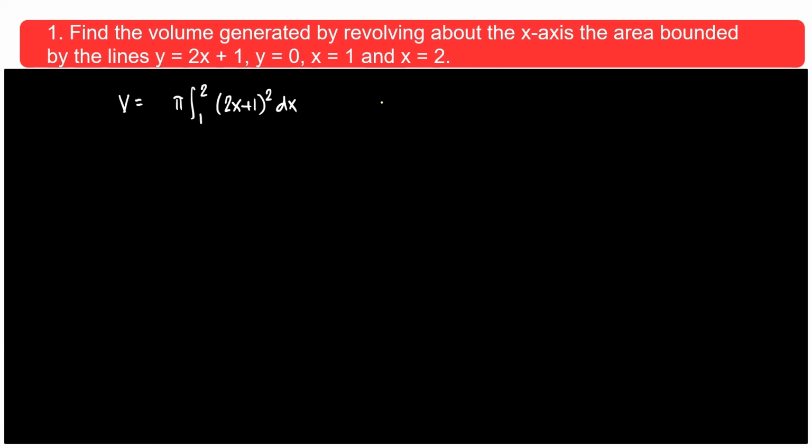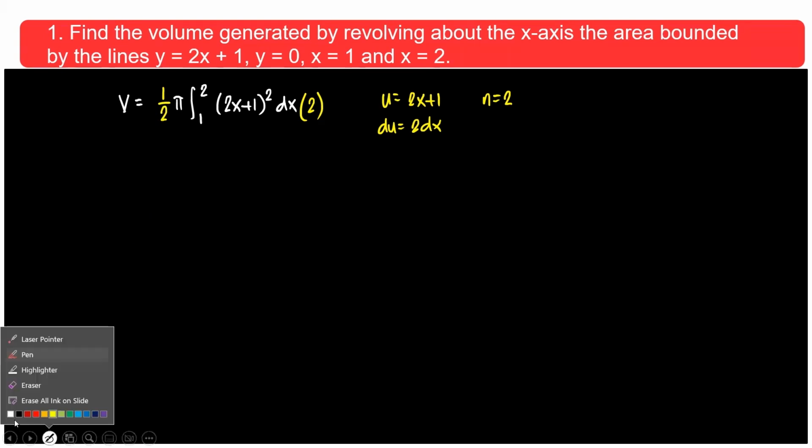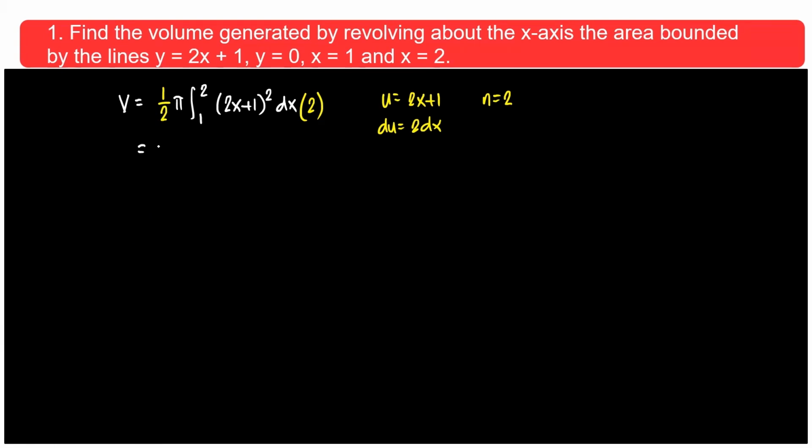So in this case, if u is 2x plus 1, du is 2 dx. So I need to multiply this by 2. I need a 1/2 in front. So let's solve this one by basic integration. This becomes 2x plus 1 cubed over 3 from 1 up to 2. So let's move out the 3.